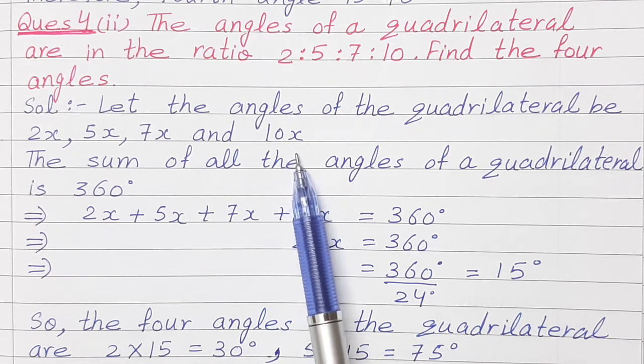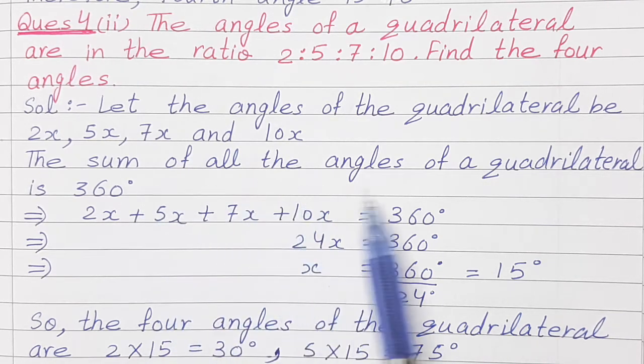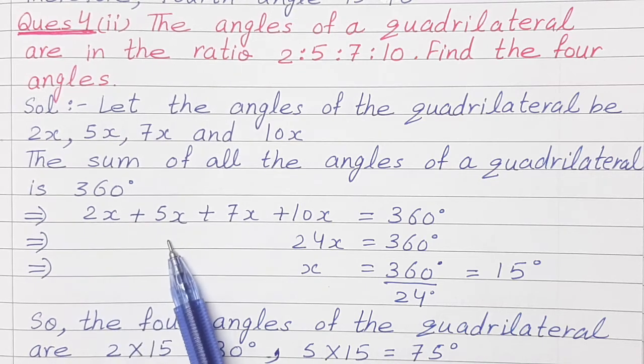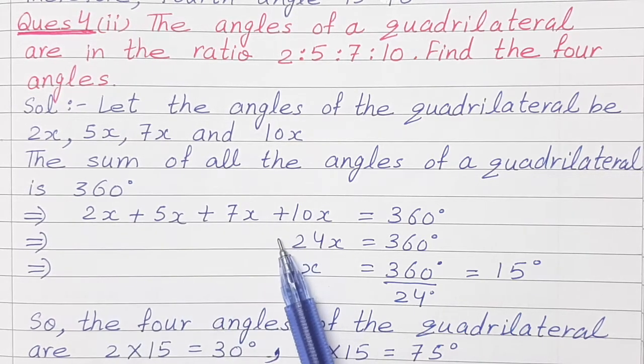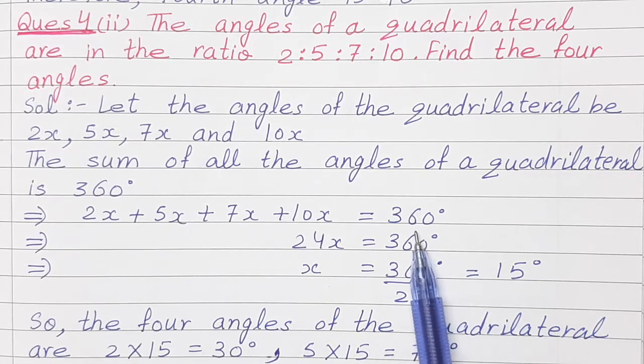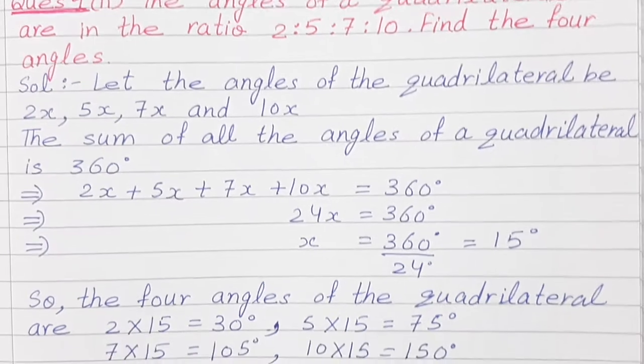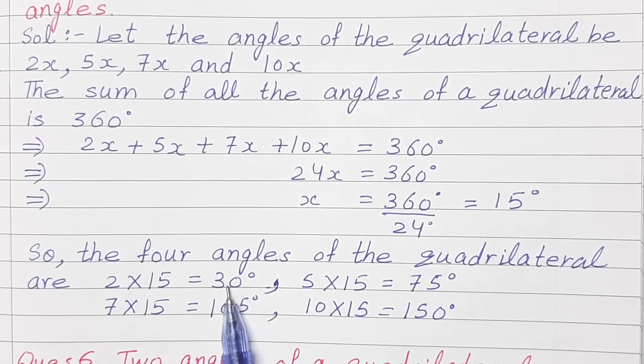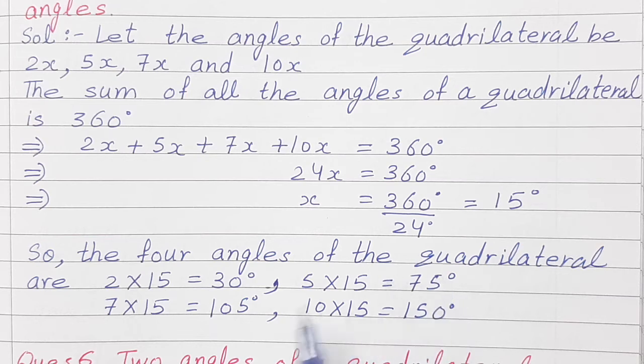Now children, we know that sum of angles of a quadrilateral is 360 degree. Right? So 2x plus 5x plus 7x plus 10x is equal to 360 degree. So after solving this, the value of x is 15 degree. Therefore, the four angles of the given quadrilateral are 30 degree, 75 degree, 105 degree and 150 degree. Clear?